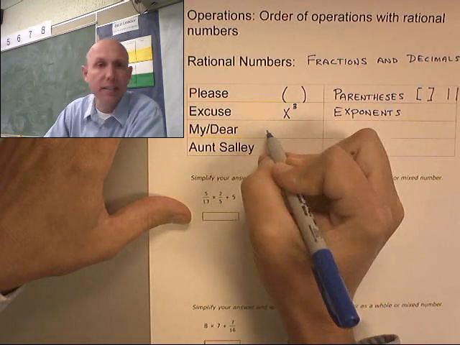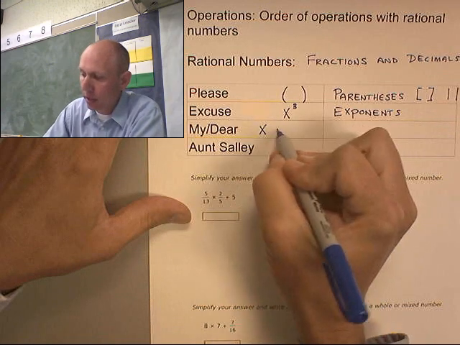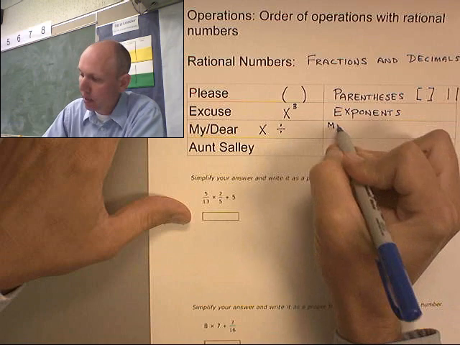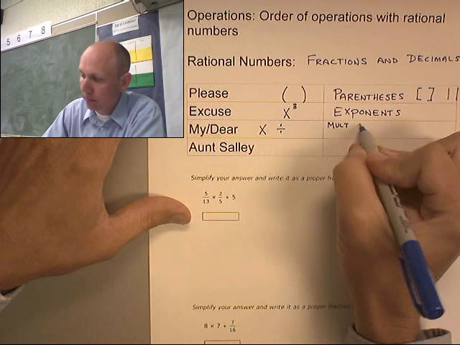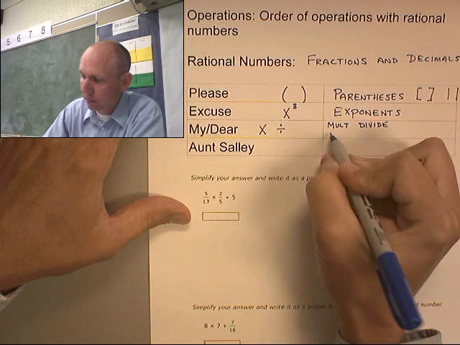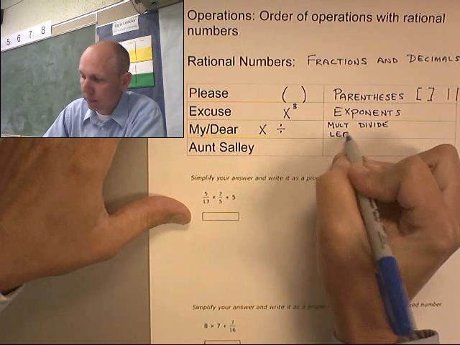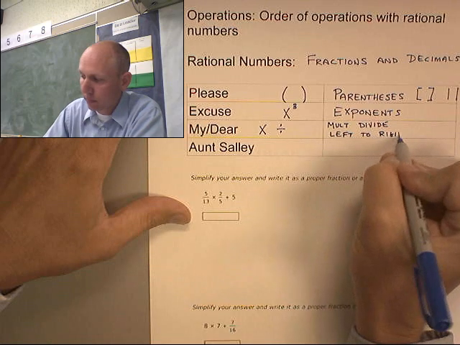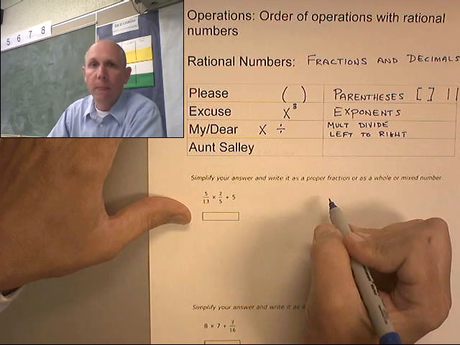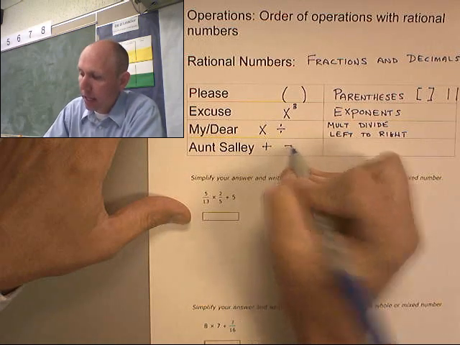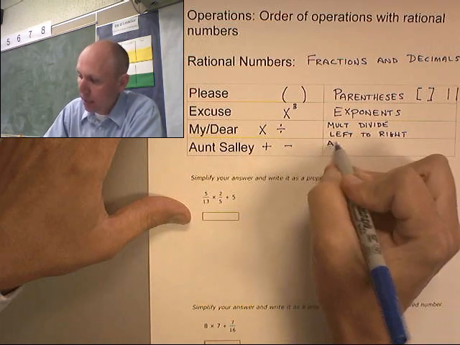My Dear. That stands for multiplication and division, left to right. And Aunt Sally stands for addition and subtraction.